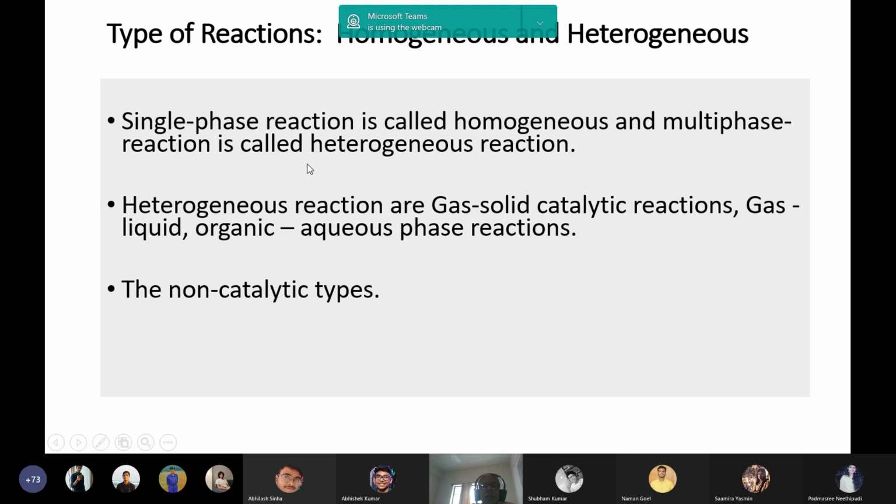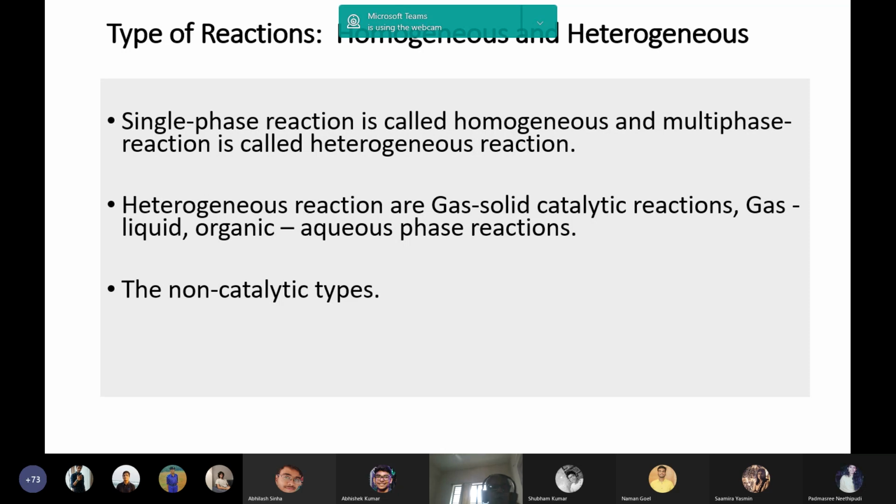We can say a reaction is heterogeneous when it is taking place at the interface of two phases, say liquid-solid, gas-solid. So if the reaction is taking place at the gas-solid interface, or in the case of gas-liquid reaction, or the solid-liquid interface, then the reaction is called heterogeneous, because both the phases are involved or responsible for the reaction.